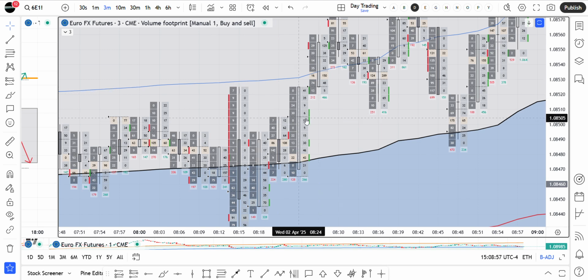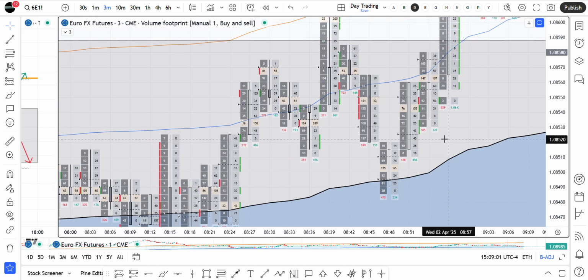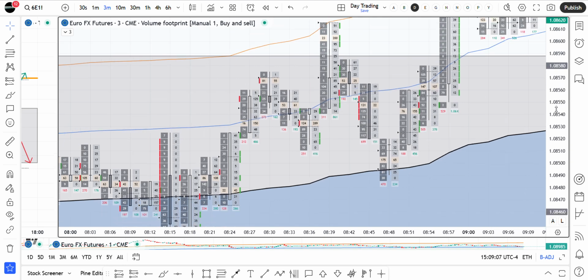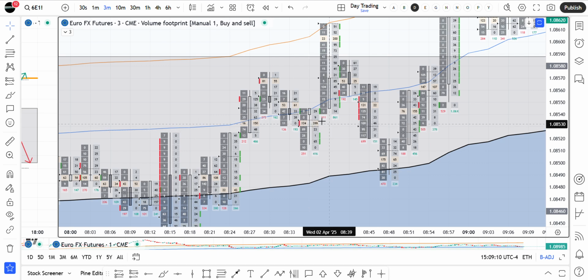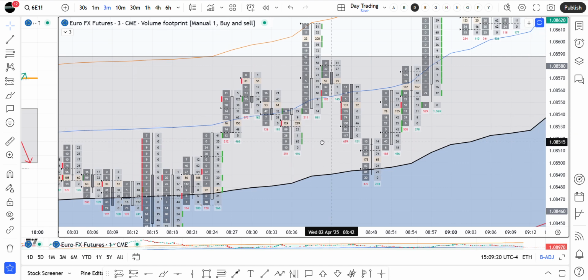Immediately a move up, and that low is protected. 155 contracts, 107. And you see how the market just moves off of these. 289, that's a bit extreme. I would be cautious on that. And this 200 I would be cautious on just because of where it is in the candle and how high volume it is.